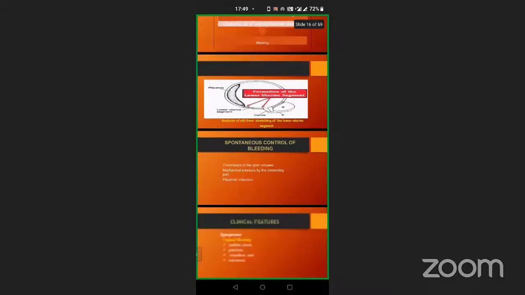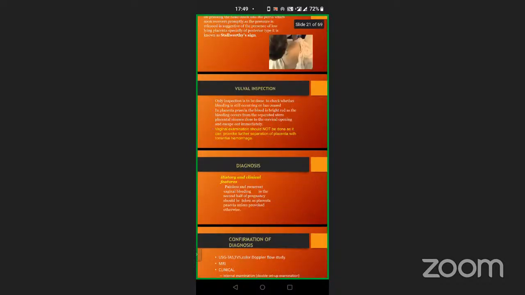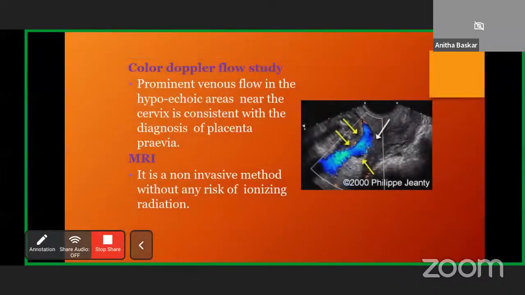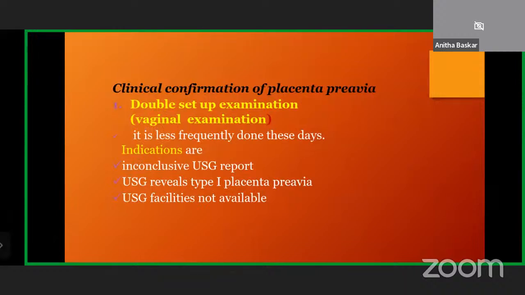The next one, clinical confirmation of placenta previa. This is a clinical confirmation of placenta previa by the double setup.